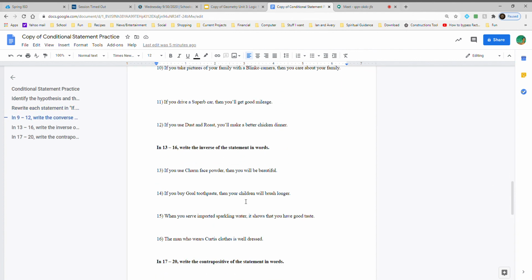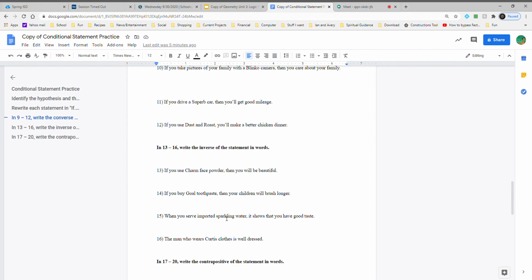I've got number 14. If you buy gold toothpaste, then your children will brush longer. If you don't buy gold toothpaste, then your children will not brush longer. All you do is put the word not in both of these. When you serve imported sparkling water, it shows you have good taste. When you don't serve imported sparkling water, it shows that you don't have good taste.